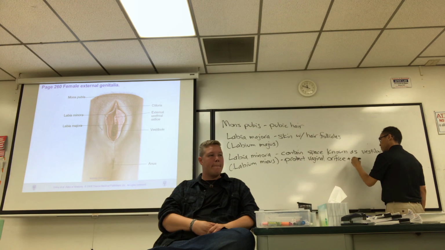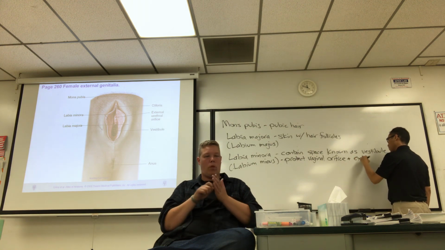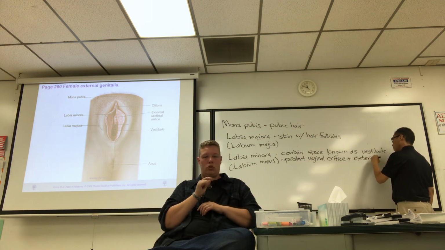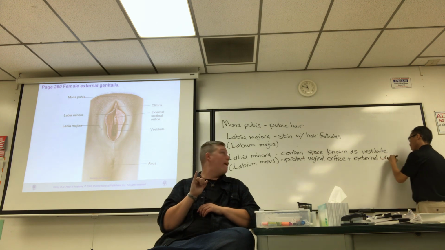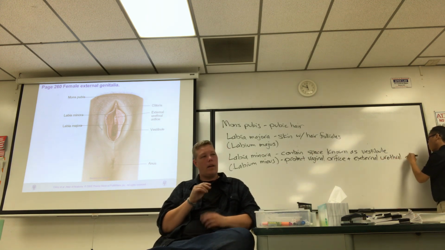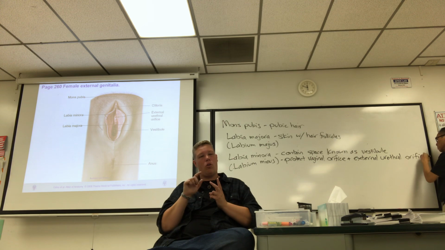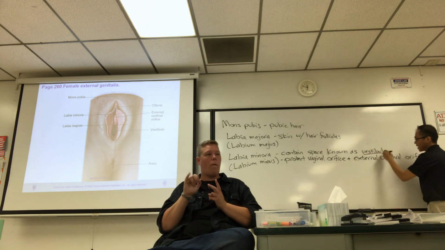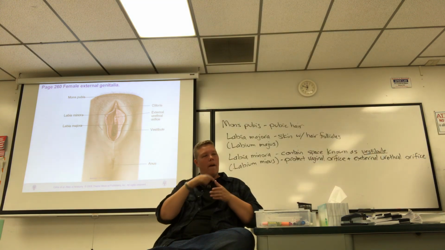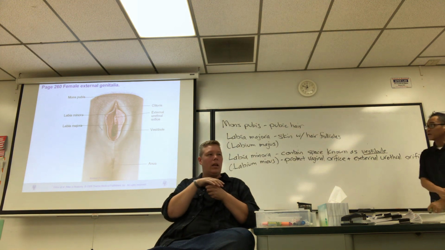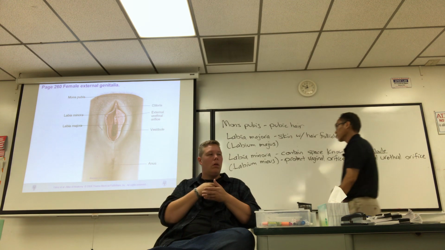So that's what I'm writing. Protect vaginal orifice and external urethral orifice. Think of the vestibule as the space in front of these orifices. You can see the clitoris at the top there.